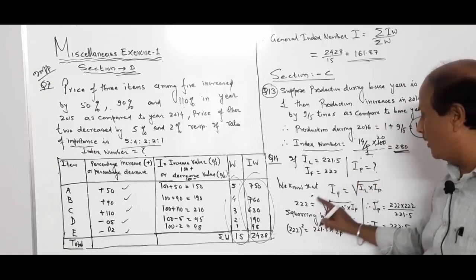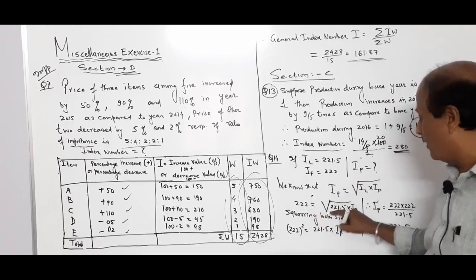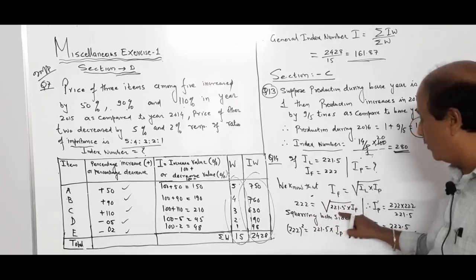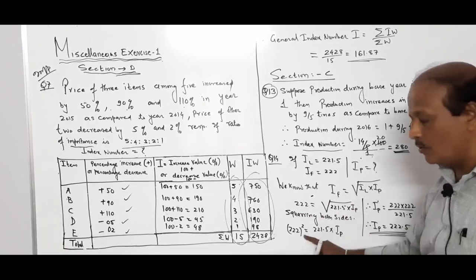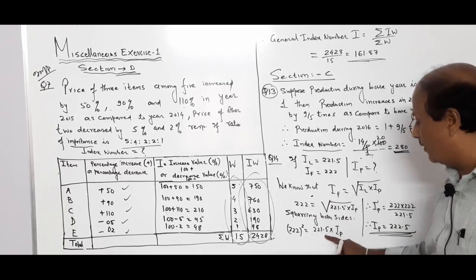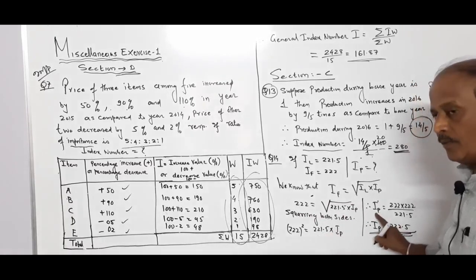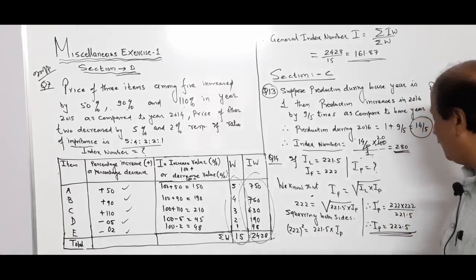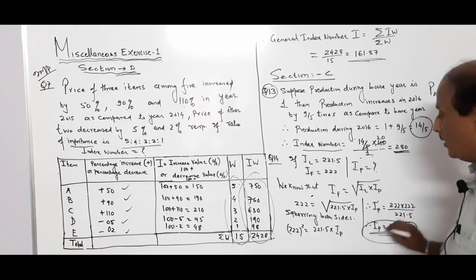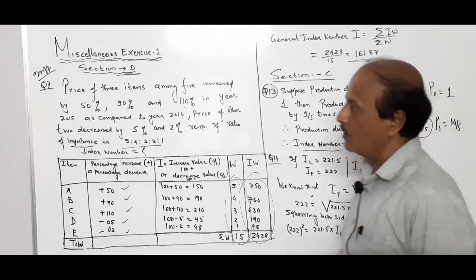Then put the corresponding values, IF 222. Then inside the root 221.5 into IP. Squaring both sides, 222 square is equal to 221.5 into IP. Therefore, IP is equal to, put these values, you will get IP around 222.5. Calculate, confirm the answer.